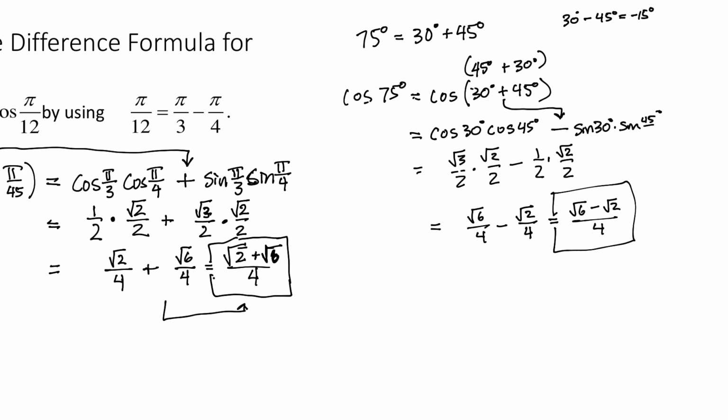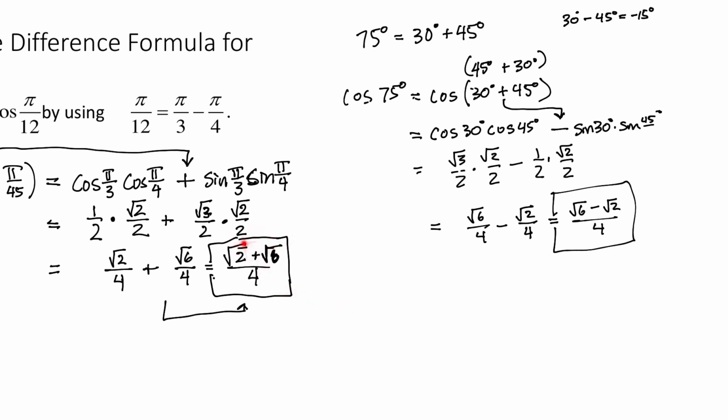We can also look at this and know that root 6 is a higher value than root 2. So when I subtract these two, I am going to get something that is positive, right? The only way we could get negative here is if these two were reversed. That would put us in negative territory.